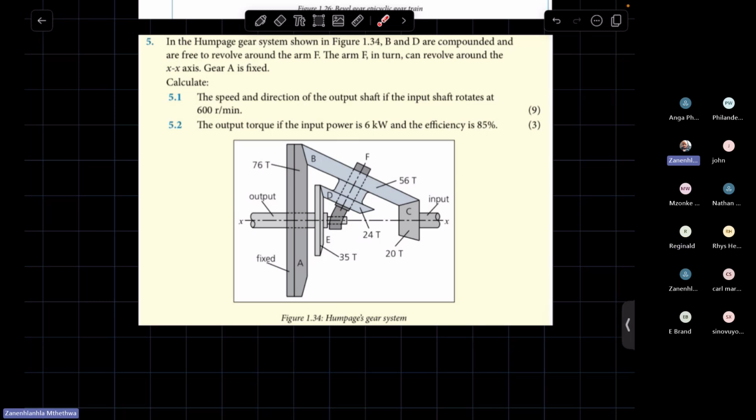Don't mind the shafts. Just look at gear A and B. Will A and B go in the same direction or in opposite directions? They will go in the same direction.